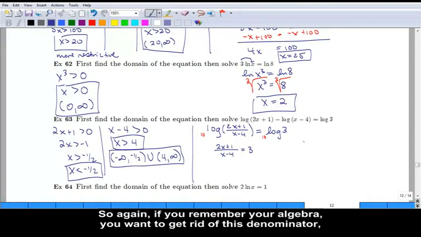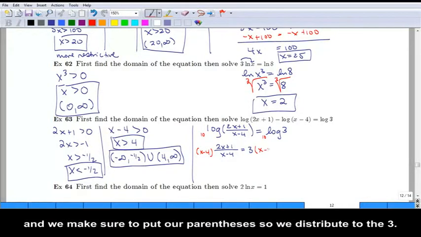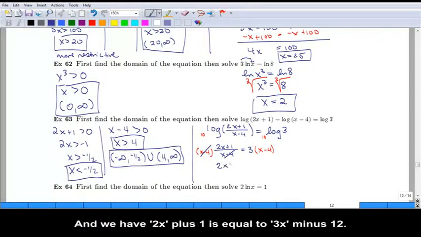So again, if you remember your algebra, you want to get rid of this denominator, so you're going to multiply both sides by x minus 4, and we make sure to put our parentheses so we distribute to the 3. So now these are going to divide to be 1, and we have 2x plus 1 is equal to 3x minus 12.